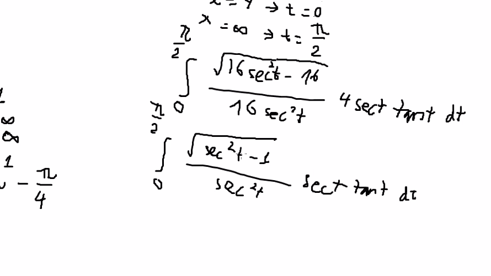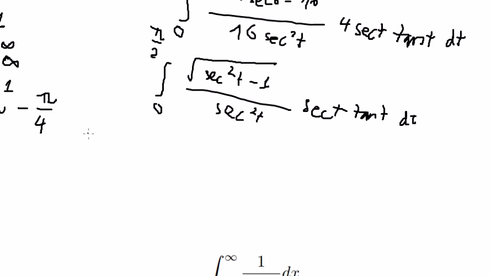Square root of tan t squared, you got about tan t. And now we simplify. We simplify with secant of t in here, from here with here. Now we got about tan t squared in here.